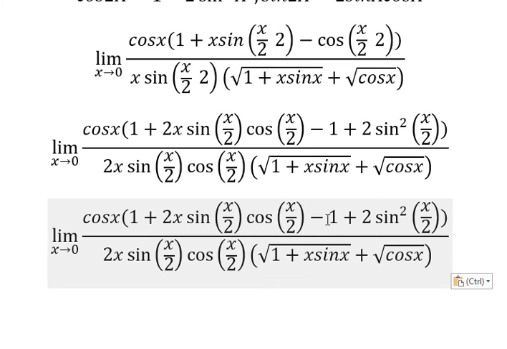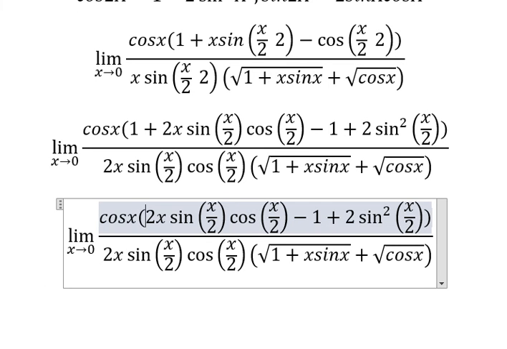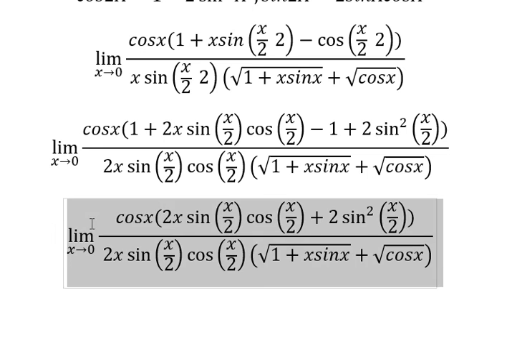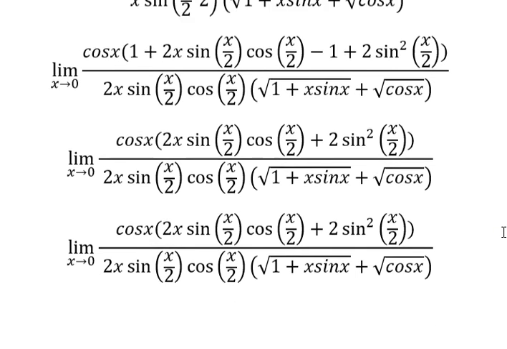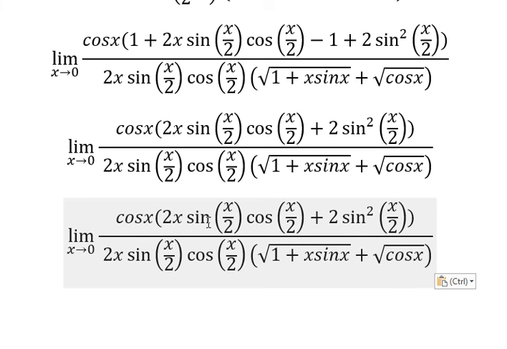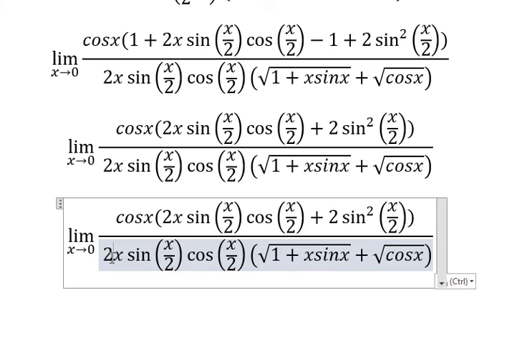So 1 minus 1 we cancel. And now we need to simplify 2 sine of x over 2 on numerator and denominator.